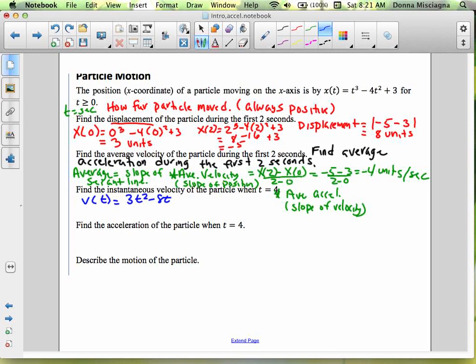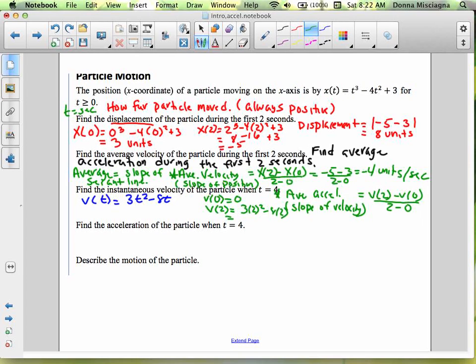So now for average acceleration, we're going to find v of 2 minus v of 0 divided by 2 minus 0. So that will be our average acceleration. v of 0 is 0. And v of 2 is going to be 3 times 2 squared minus 8 times 2.